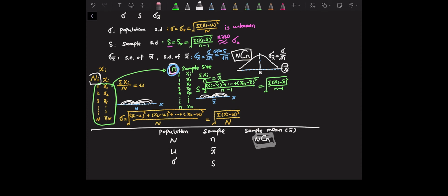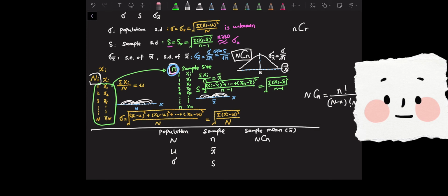Order does not matter, so this is the combination formula, which you should know: NCr equals N factorial over r factorial times N minus r factorial. Out of N objects, you randomly select r objects. This is the total number of different ways you can choose r out of N. So this is the number of samples.